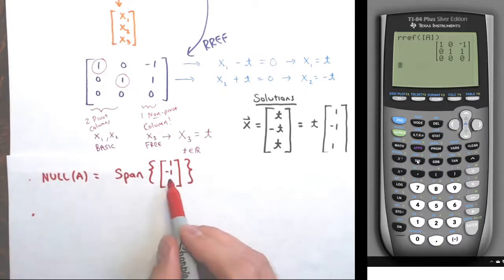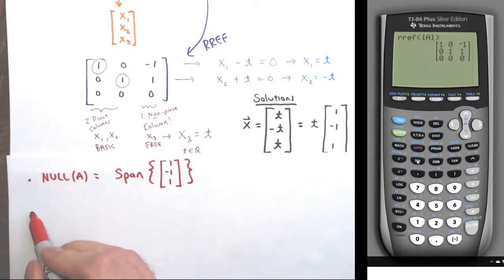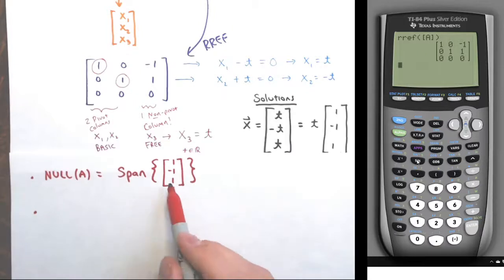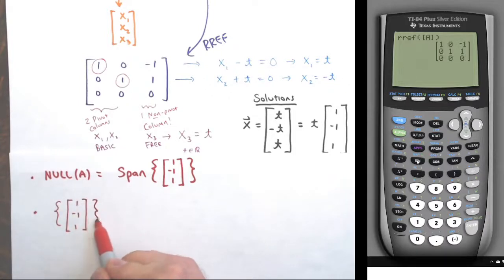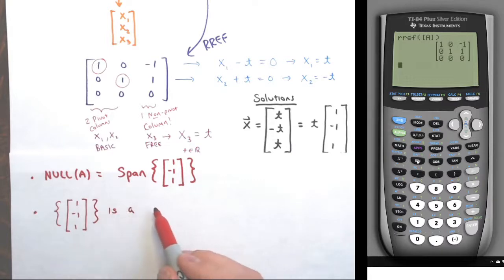Part 2, if you did everything correctly in the row echelon form or reduced row echelon form, this set you're getting here should be a basis, and we can double check. The set with 1, -1, 1 in it, this set is a basis for the null space.